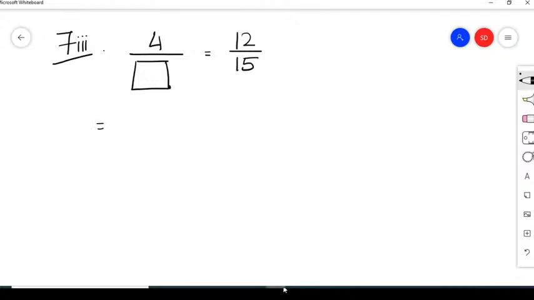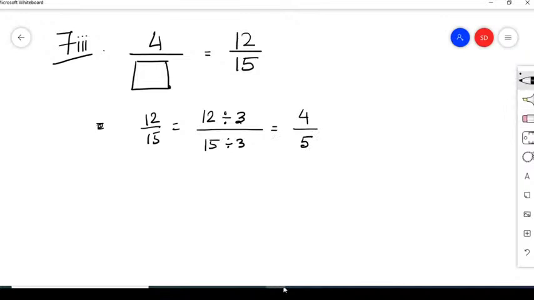You have to convert 12 by 15 to a fraction which has a numerator 4. So we can say the same way that for 12 by 15, what should be done so that the numerator becomes 4? You have to divide since it is decreasing. So 12 divided by 3 will give you 4. So obviously in the denominator also you have to divide by 3 and this will give you 5.